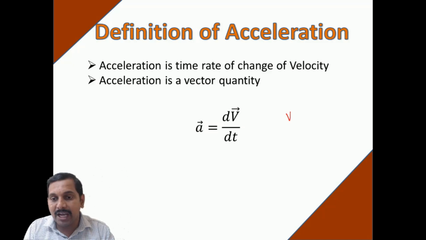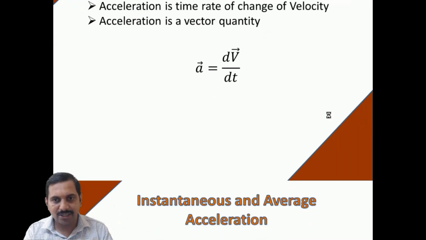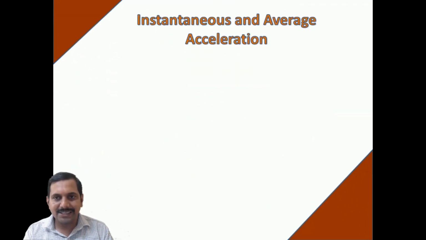So if I have a graph of velocity versus time, that is v as a function of time, then we will have a curve, and the slope of that curve is actually acceleration. Now there are two things, instantaneous and average acceleration.